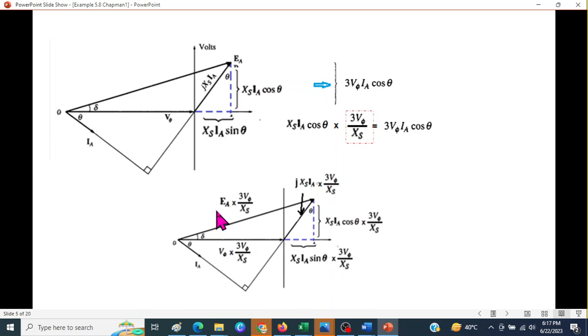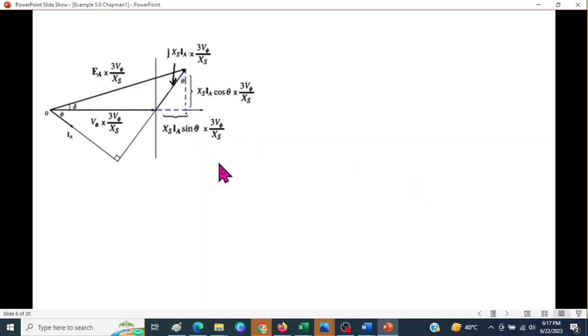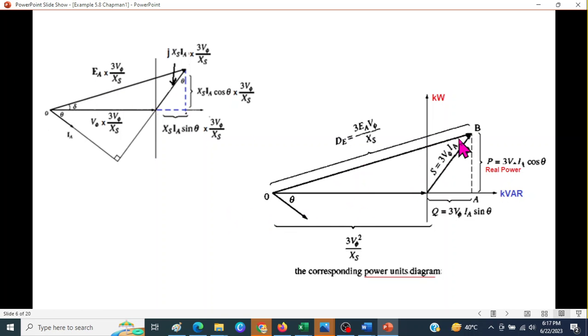And so multiplying this, this, everything by 3Vφ over XS, this is our power diagram. We'll now write it neatly, multiplying. We get this diagram here. Now this is the real power, 3 Vφ Ia cos theta. We know the cosine term goes with the real power, and the sine term goes with the reactive power.